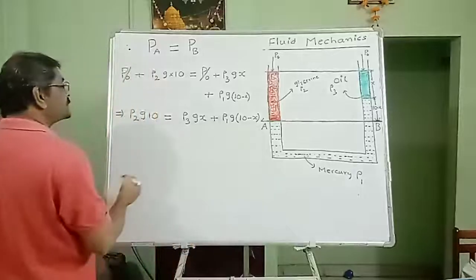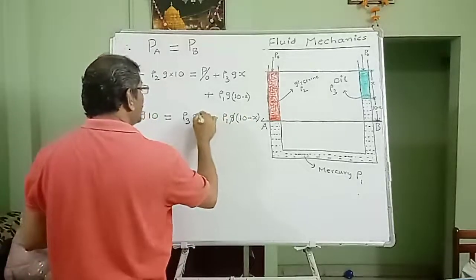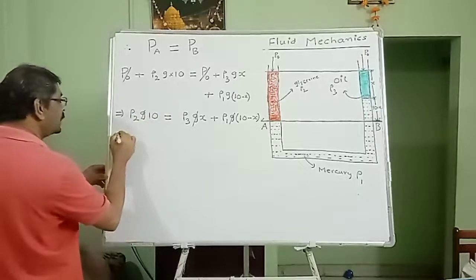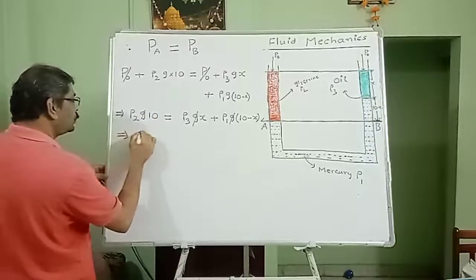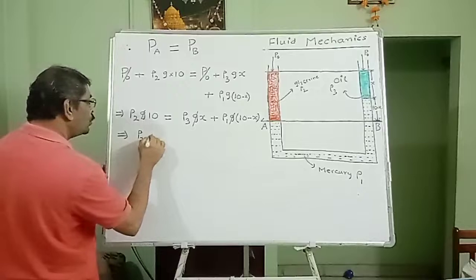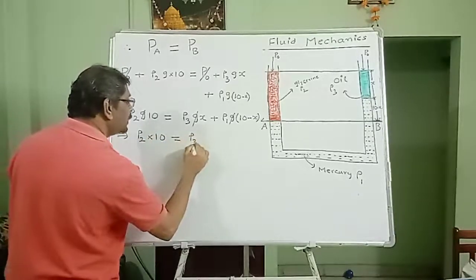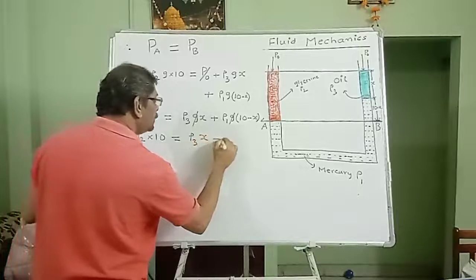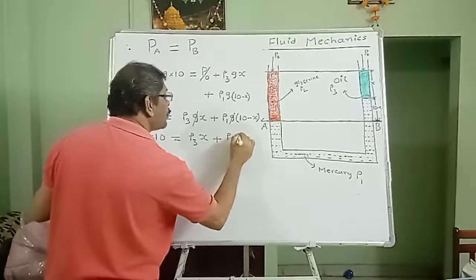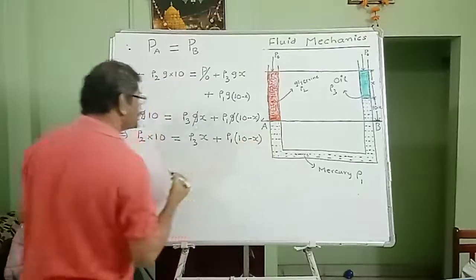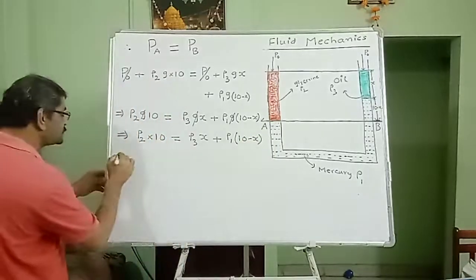Now what I can cancel on either side, gravity will be getting cancelled. So what we are going to get is rho 2 multiplied by 10 will be numerically equal to rho 3 into x plus rho 1 multiplied by 10 minus x. Now substitute the densities.